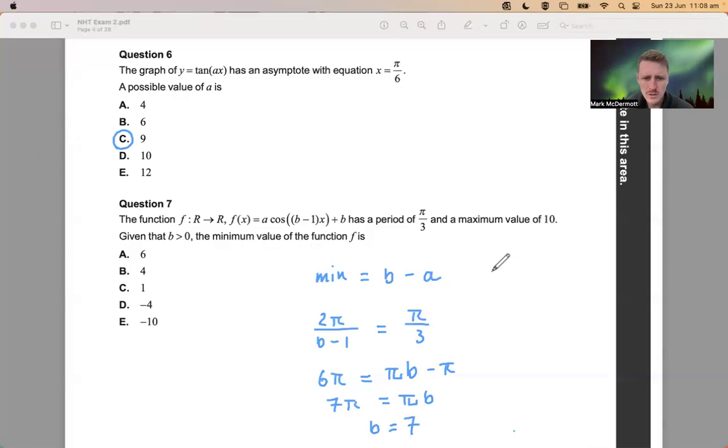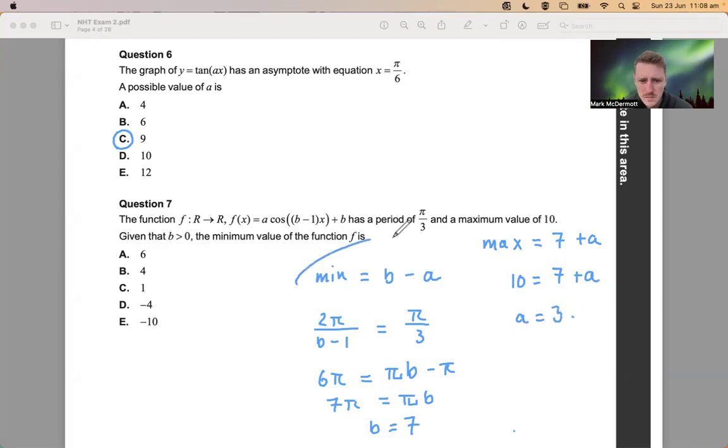So that's okay. So we know that the minimum is b minus a. We know b is 7, but we also know that the maximum is b plus a, which is 7 plus a, and that equals 10. So 10 equals 7 plus a, so a equals 3.